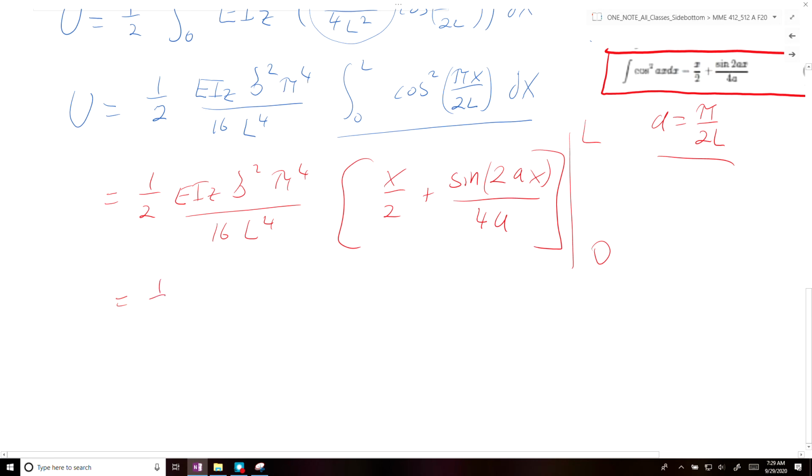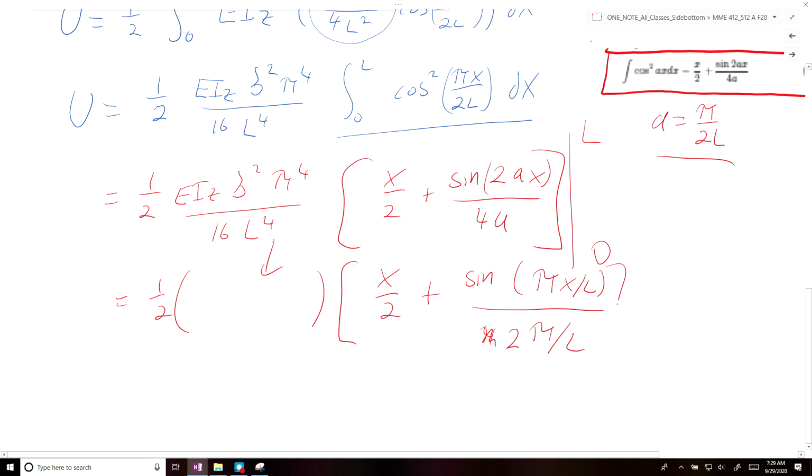If we do that, we'll get 1/2 this coefficient here times x over 2 plus sine of pi x over L divided by 2 pi over L. And we evaluate that from L to 0.